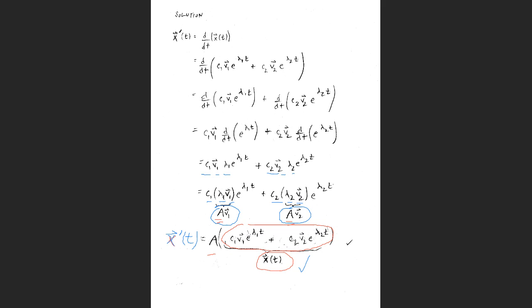It does. And therefore, the linear combination of eigenfunctions is a solution to the linear system of differential equations. And now you know, those of you that have taken differential equations, Math 282, know why that's true.